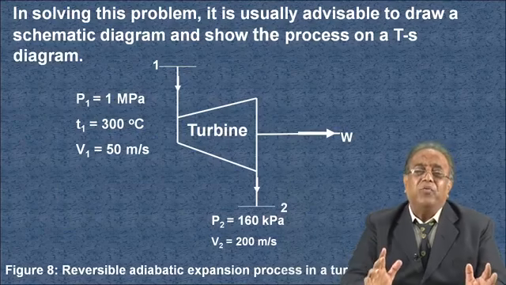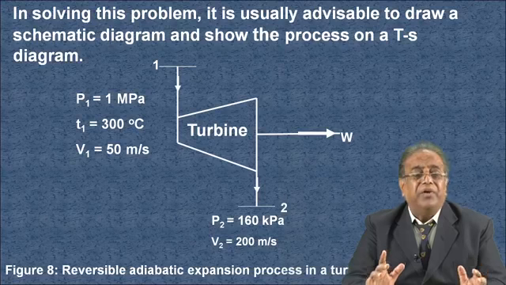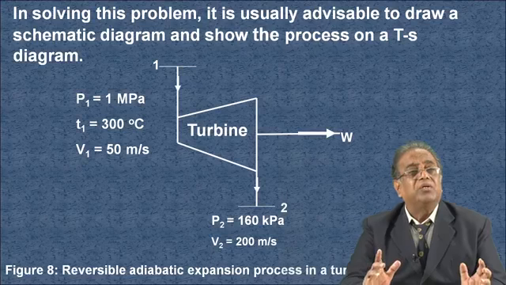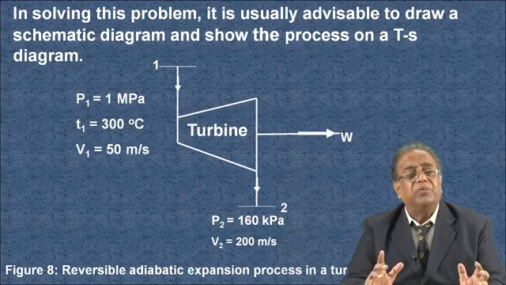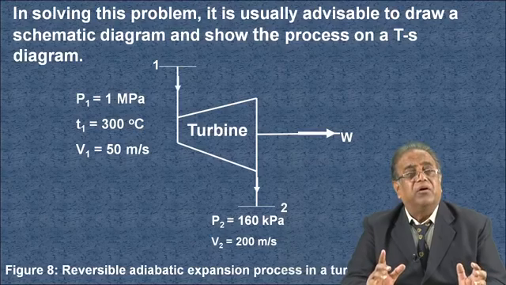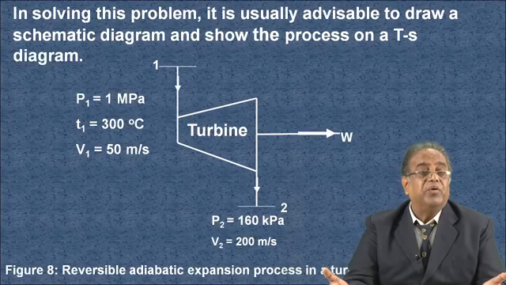Now when you solve any problem, it is better to draw the diagram and see what data is given for the particular problem. If you draw the diagram for that particular component and jot down the data given, solving the problem will be very easy for us.